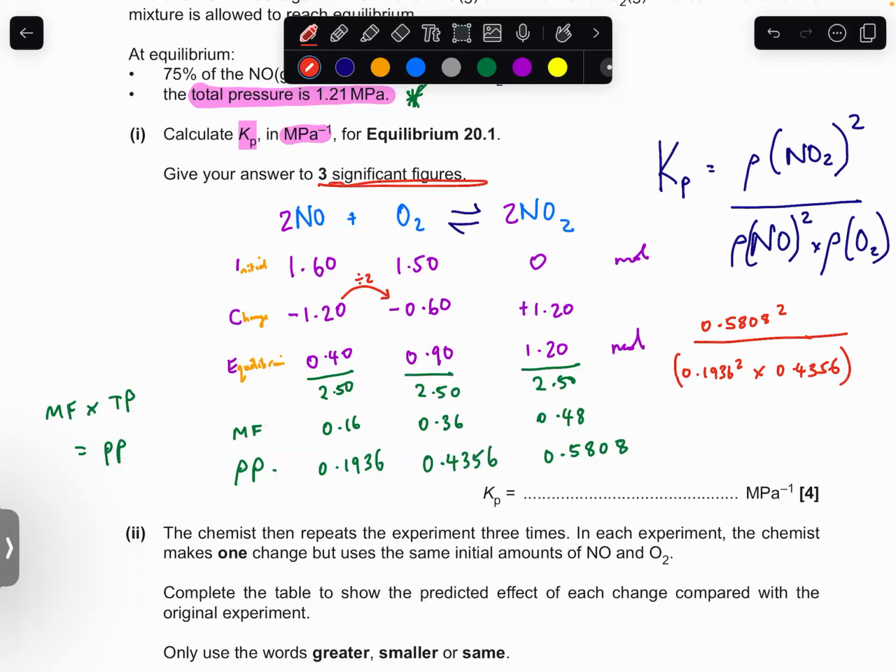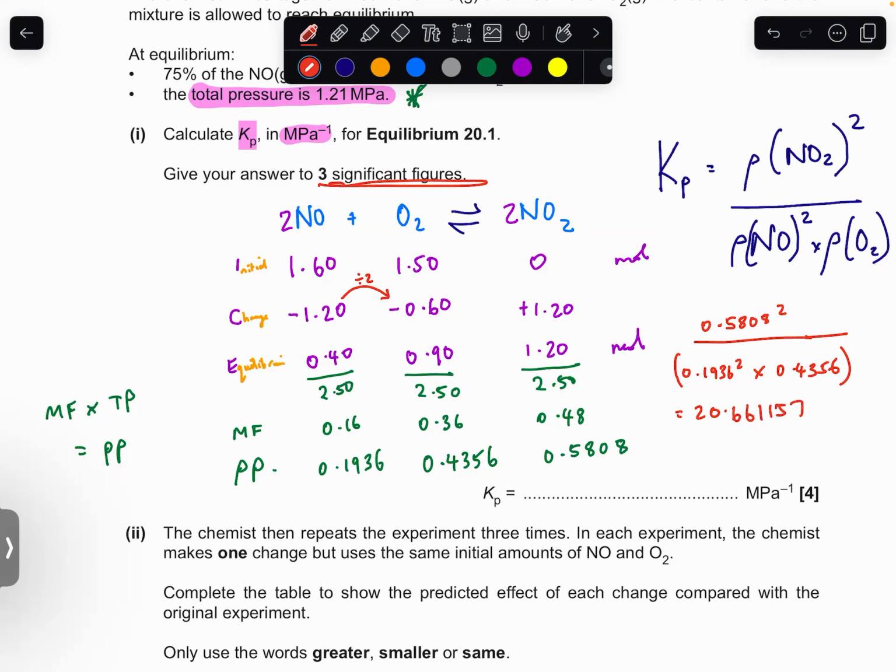Three significant figures. The answer is 20.661157.